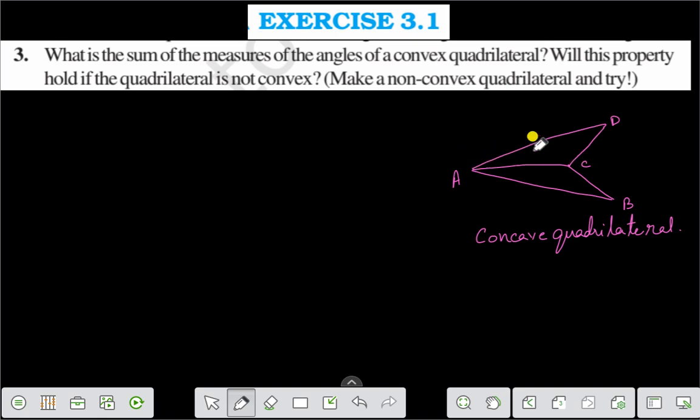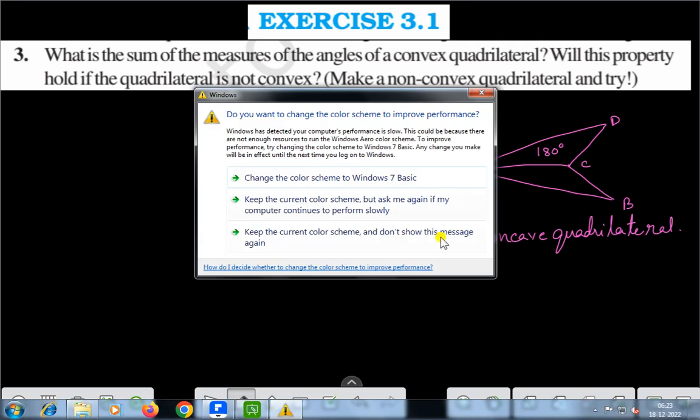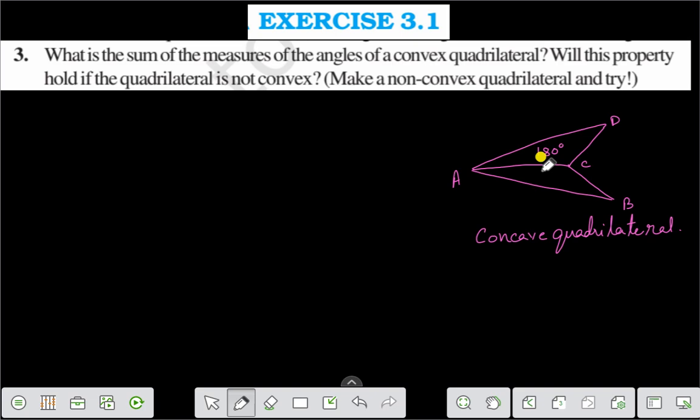Therefore, ADC has 180 degree, and triangle ABC has the sum of the angles 180 degree. Therefore, the sum of the interior angles of the quadrilateral is 180 degree plus 180 degree, that is 360 degree. Right?